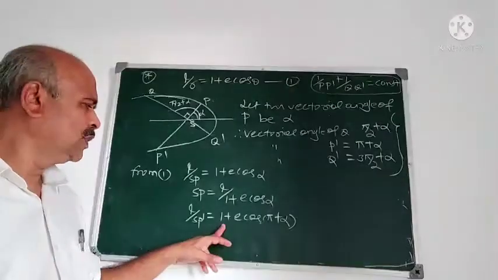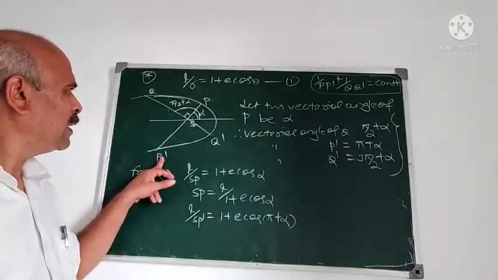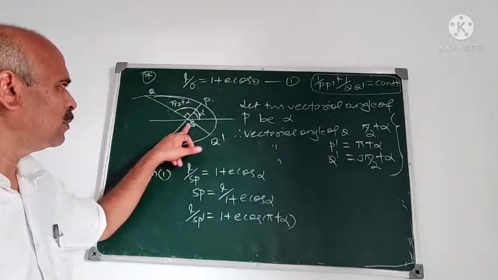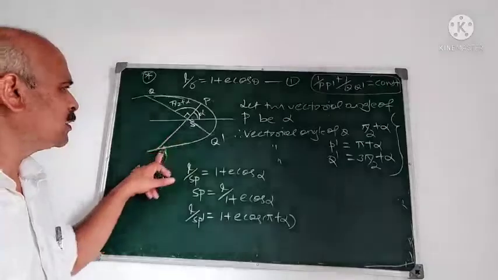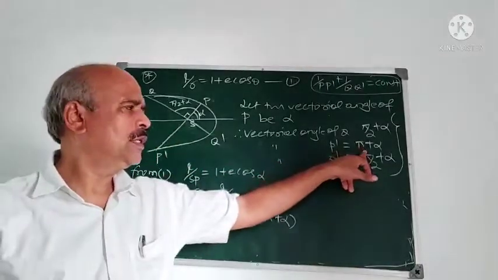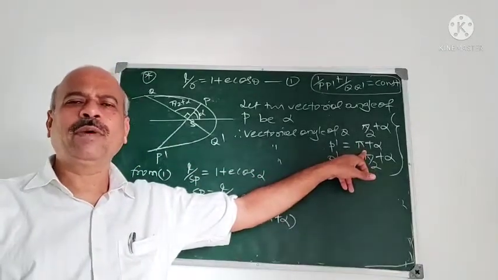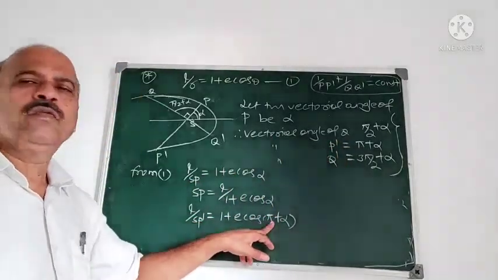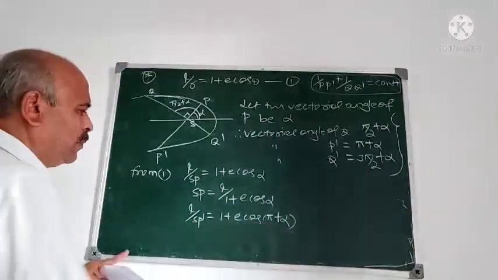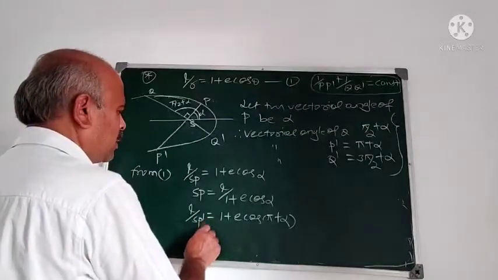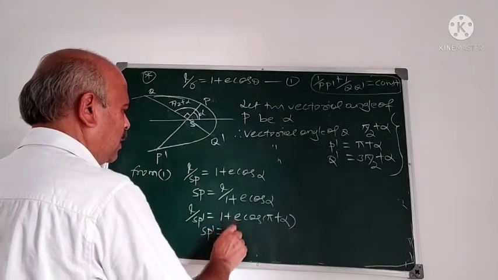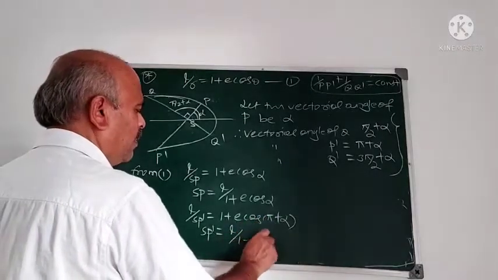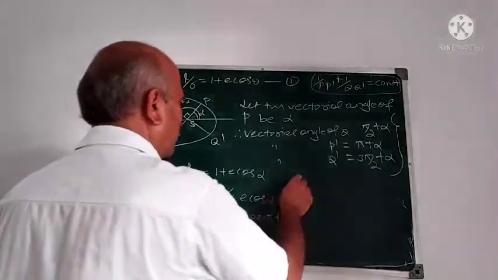I think all of you followed this step. P dash lies on this conic. So what are the coordinates of P dash? R is SP dash, and what is the vectorial angle of P dash? Pi plus alpha. Therefore you have to substitute R is equal to SP dash, vectorial angle as pi plus alpha. So SP dash is L divided by 1 plus E cos pi plus alpha, that is 1 minus E cos alpha.